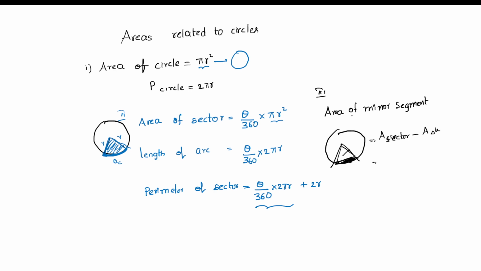Now area of sector is given by theta by 360 into pi r square, minus area of triangle, which is given by half into r square into sine theta, where theta is the included angle in the sector. So you must remember this formula.